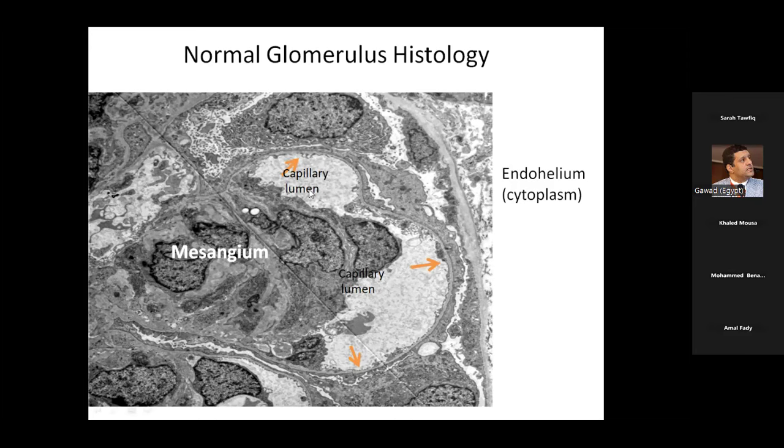So here is the endocapillary compartment, or the capillary lumen. The endothelium here is in direct continuity with what? With the mesangium. Right. So the mesangium and the capillary endothelium are just one compartment facing the capillary lumen, facing the bloodstream.